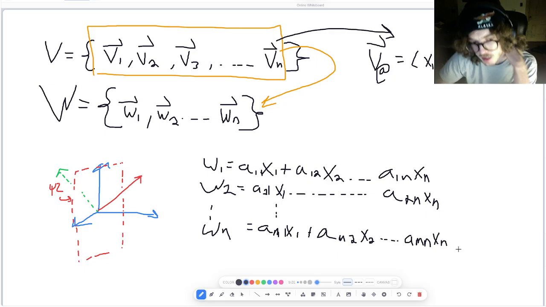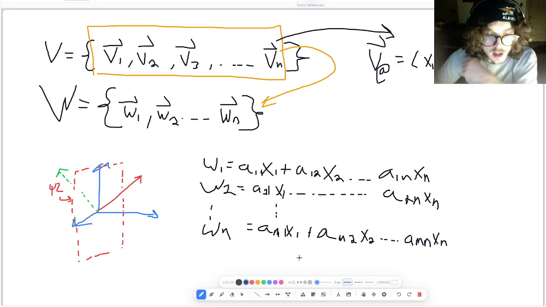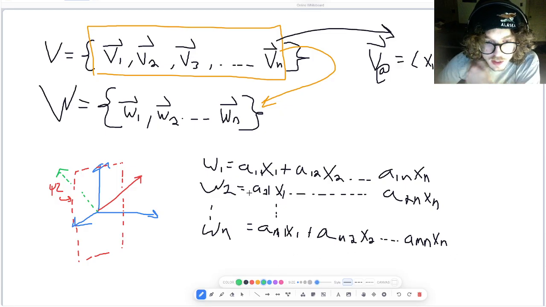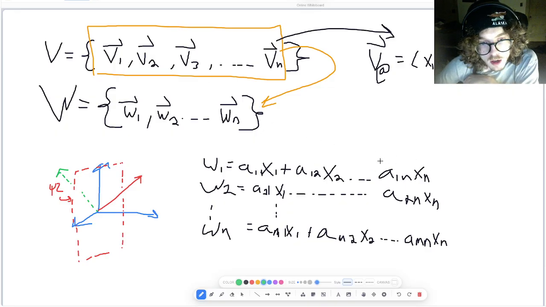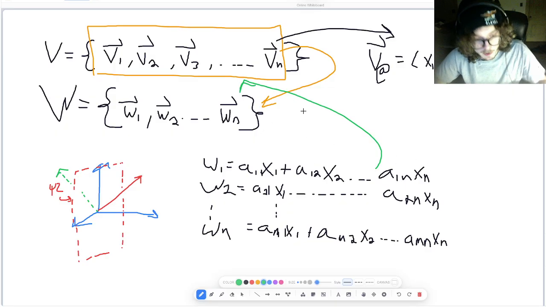Hopefully that's not just a bunch of word salad to you. I'm very sorry if it is, but this is just a linear system. The vectors W1 through Wm can be expressed as linear combinations of the components of the corresponding vectors from up here.